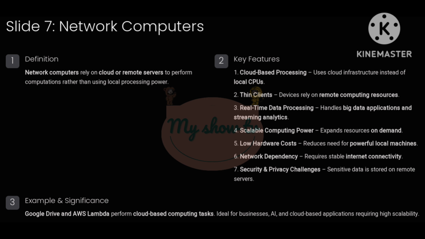Security and privacy challenges. Since data is stored and processed remotely, cybersecurity risks must be managed. Example: Google Drive and AWS Lambda are popular examples where computing tasks are offloaded to cloud-based network computers. Key takeaway: network computers reduce local hardware dependency but require strong security and stable internet.